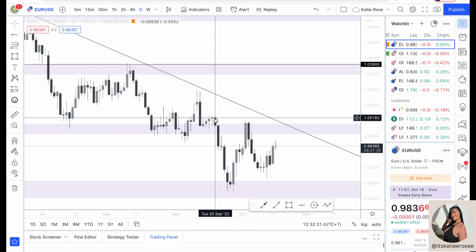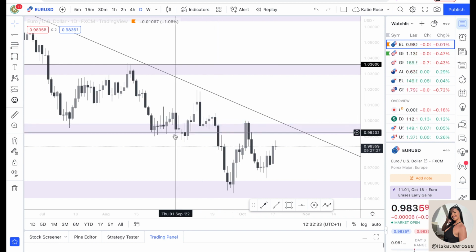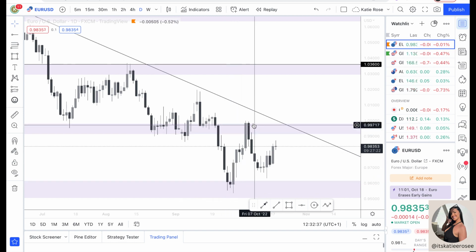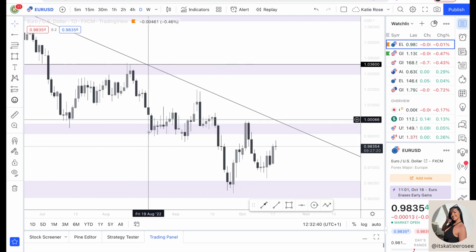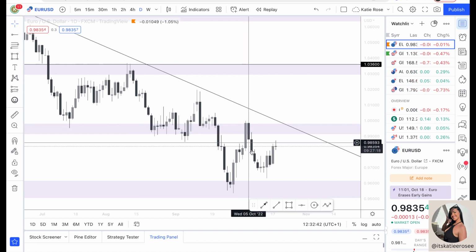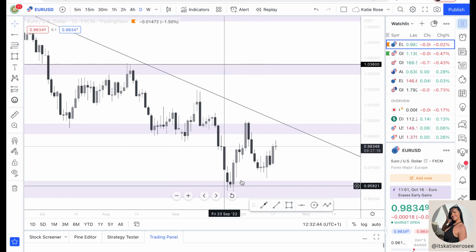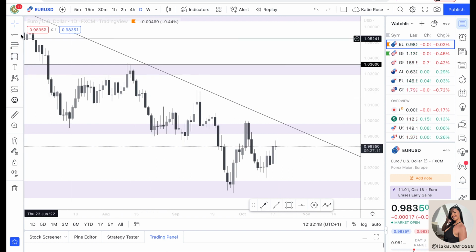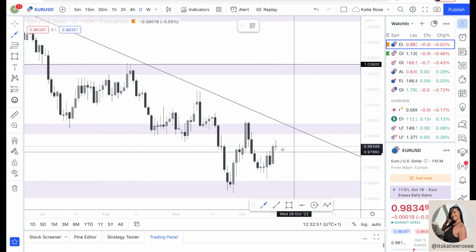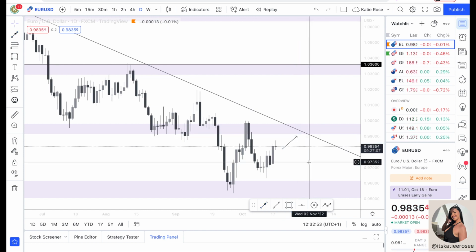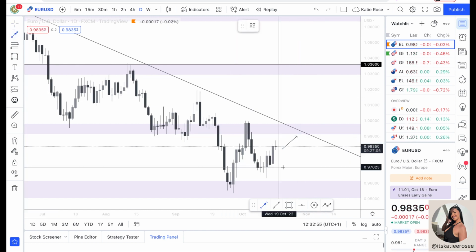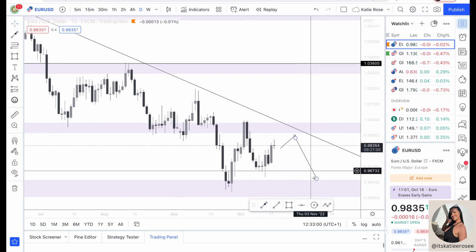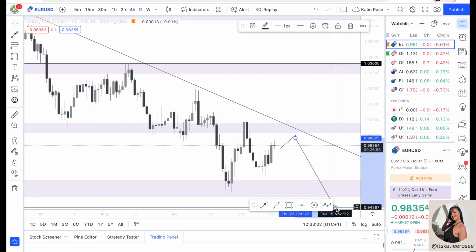We have now broke through current support straight down to the support area here, came up, resisted this previous support, which is now resistance, came back down towards this support zone, and price is most likely going to tap onto the trend line and come down and break through.